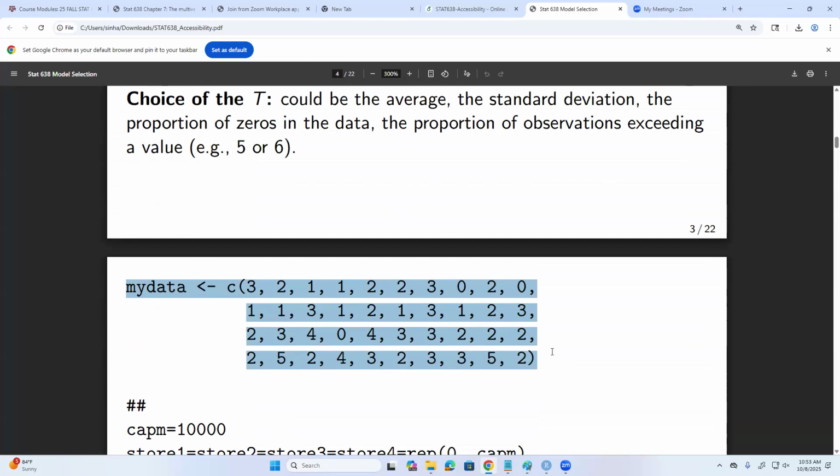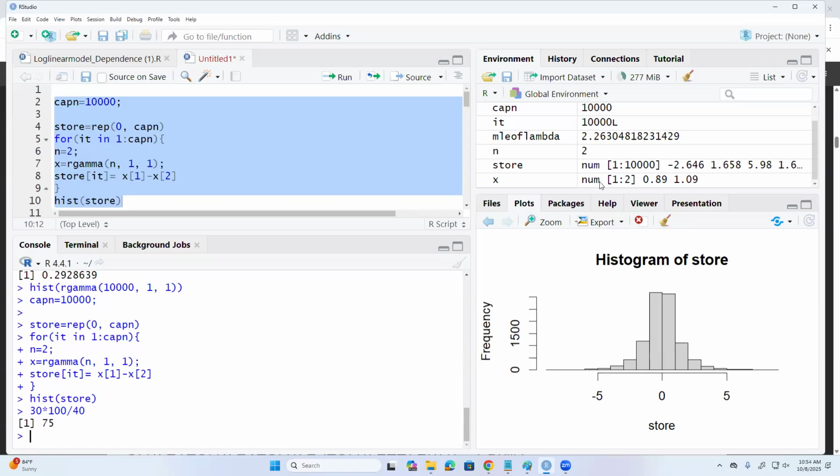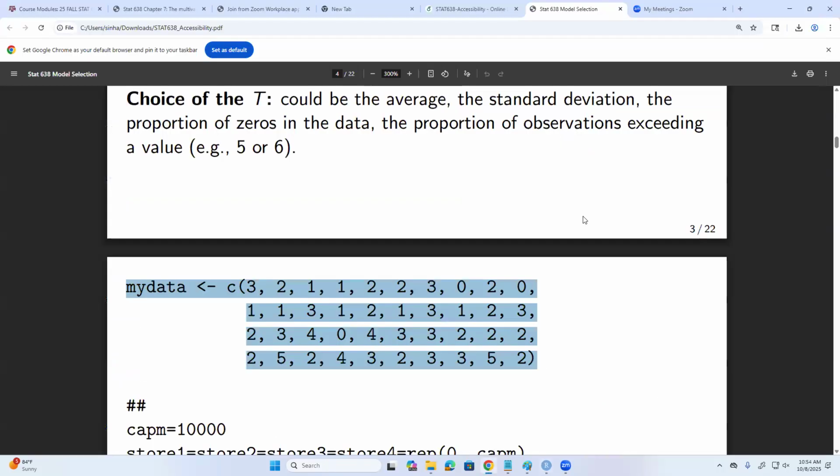It was 30 over 40, okay, so it was 75%. 75% of the data came from a Poisson distribution with mean 2, and 25% came from a Poisson distribution with mean 3. So although it was a mixture distribution, they are very close to each other. And we don't have strong evidence that it is different from the Poisson 2 distribution.